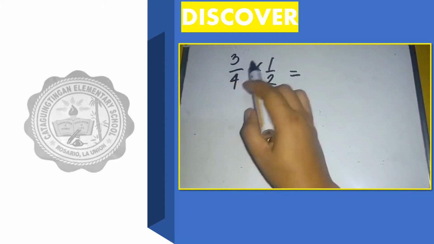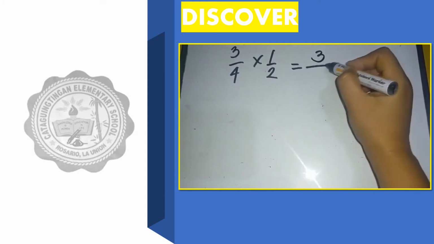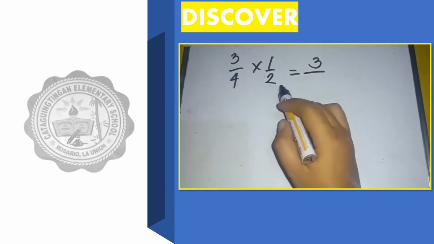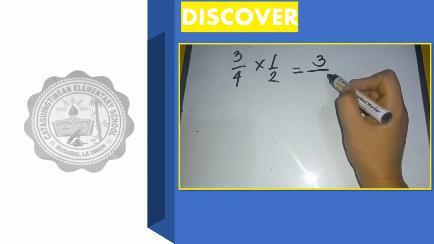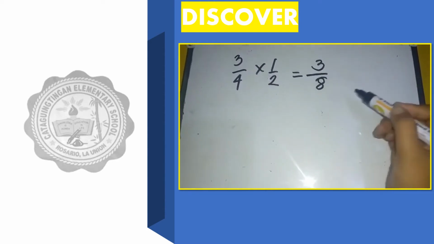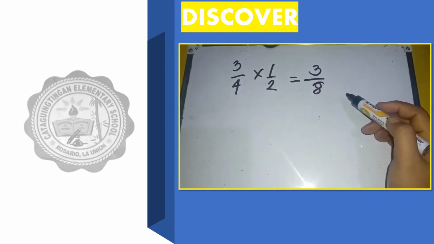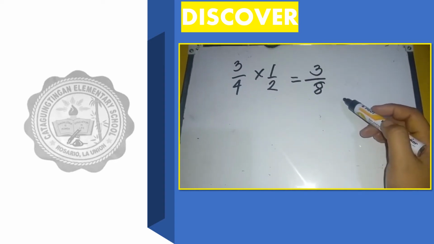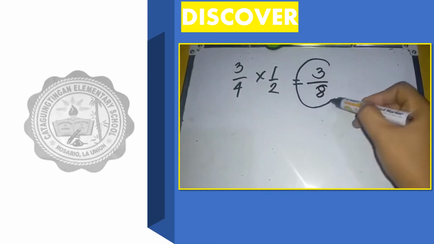So, 3 times 1 is 3. 4 times 2 is 8. Yan yung denominator. Ngayon, pwede pa ba siyang i-lowest term or i-simplify? So, hindi na pwede. So, ang sagot na ay 3/8.